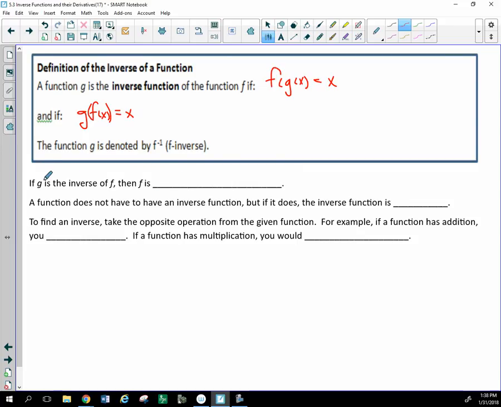And so if g is the inverse of f, then f is the inverse of g. All right. And then as this goes along, a function does not have to have an inverse function, but if it does, the inverse function is unique.